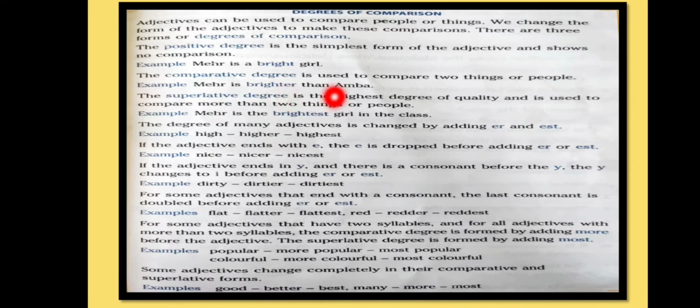The next is comparative degree. The example is Meher is brighter than Amba. It is used to compare two things or people. Here you can see two people, Meher and Amba. They are compared using the word than.